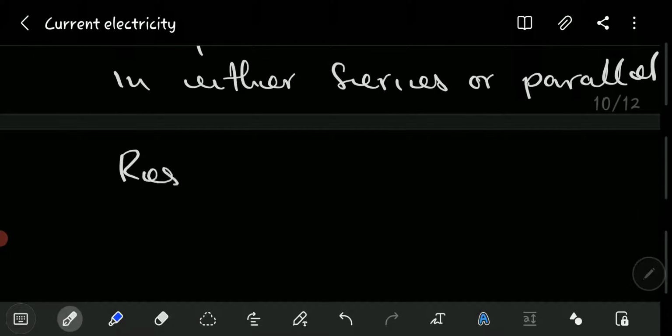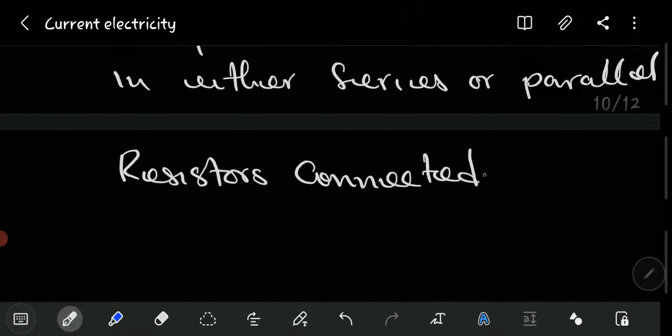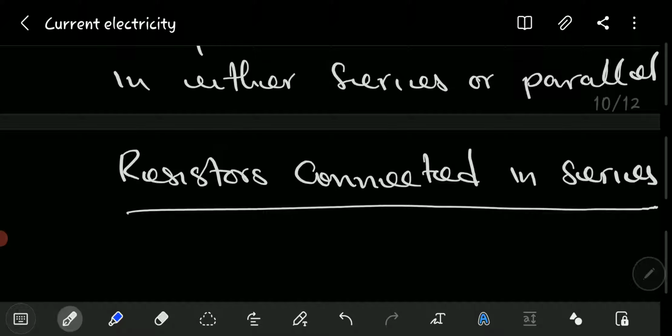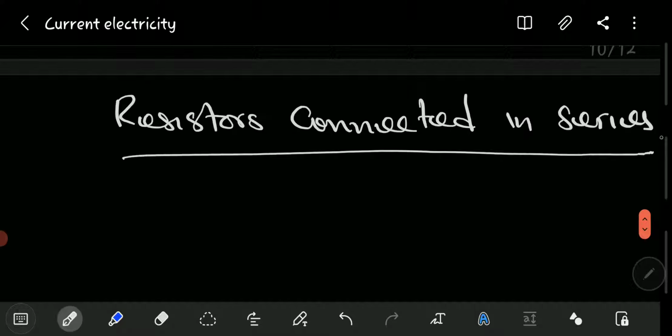So resistors connected in series. We've already come across this term series when we were looking at how an ammeter is supposed to be connected.